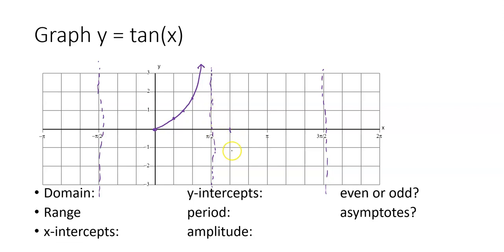What happens at 2 pi over 3, which would be this next spot over here? It says the y value is almost negative 2. Then it's negative 1. Then it's negative 0.6. Then it's 0. And then it's positive 0.6. And it's 1. And it's 1.7. So I end up with another branch that looks like this.